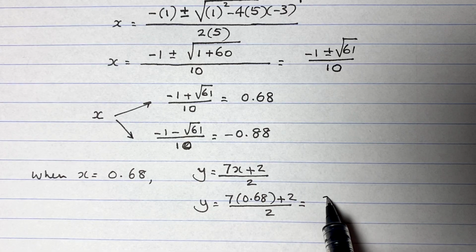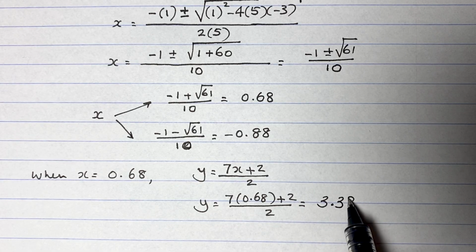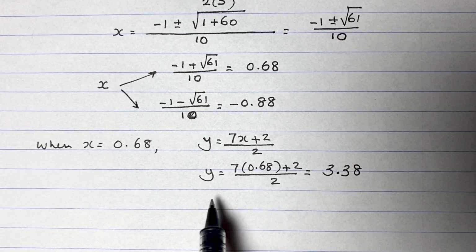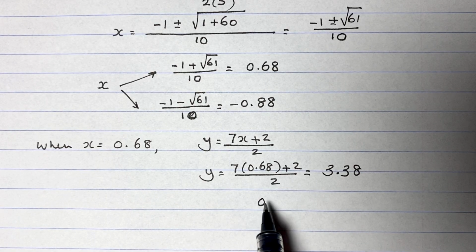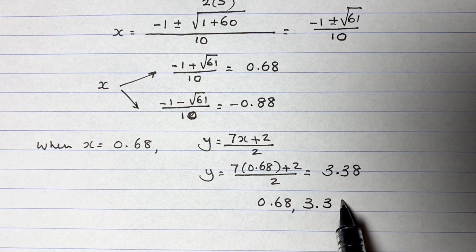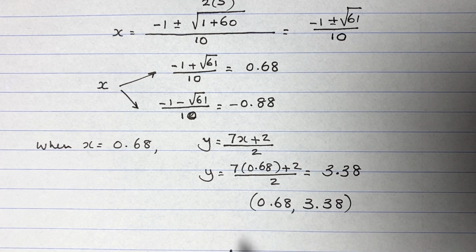That would be 3.38. So these two make a pair of coordinates, 0.68 for x and 3.38 for y. That's 1 point.